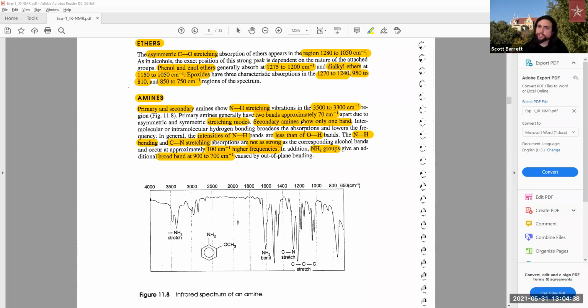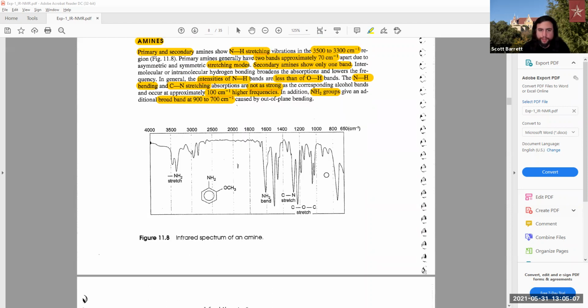They are less polar, with less of a dipole moment, and the N-H bending and carbon-nitrogen stretching absorptions are not as strong as the corresponding alcohol bands, and they will be at approximately 100 inverse centimeters higher frequency, more energy required for this to occur. In addition, amine groups give an additional broad band at 900 to 700 inverse centimeters, so you may be able to see it in a given graph that you would analyze.